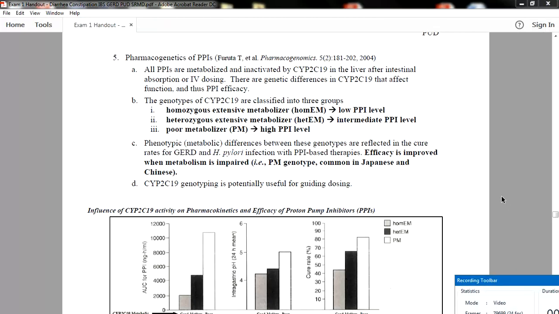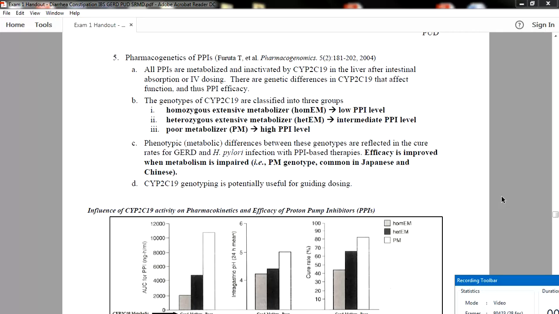So I wanted to spend a little bit of time on the pharmacogenomics. This is a relatively older article, but still quite pertinent: pharmacogenomics of proton pump inhibitors. Not too complicated, really. All PPIs are metabolized and inactivated by CYP2C19 in the liver after intestinal absorption or IV dosing.